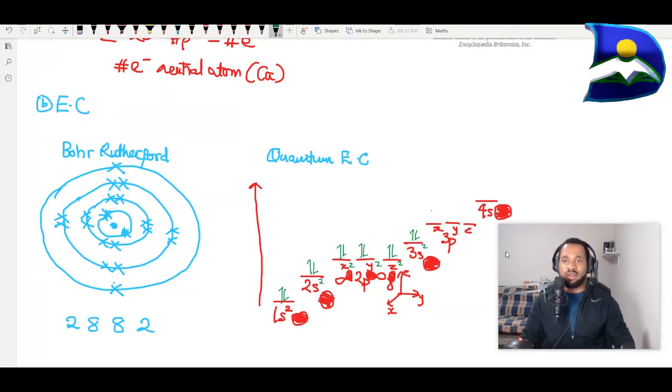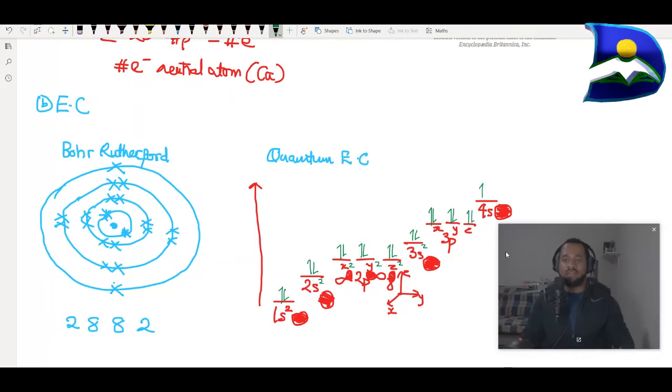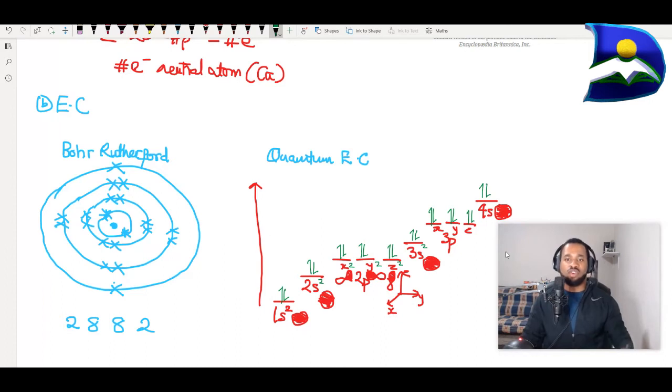We have 1, 2, 3, and then you pair up 4, 5, 6, and then finally here we have 1, 2. So in total, this is 3p6, 4s2. If you add all the electrons in this system, you have a total of 20.